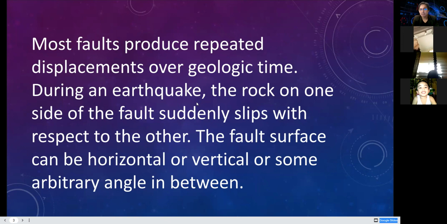So the tendency is, if there is some slippage happening, there is also an earthquake, because these plates move in relative directions, right? The fault surface can be horizontal or vertical or some arbitrary angle in between, or mixed movements. Let's take a look later at what these movements are and how we can identify them.